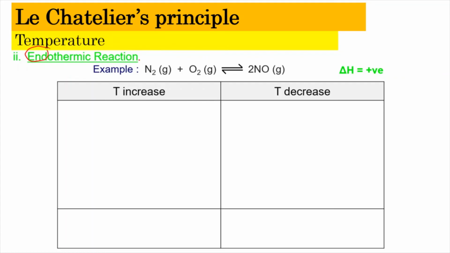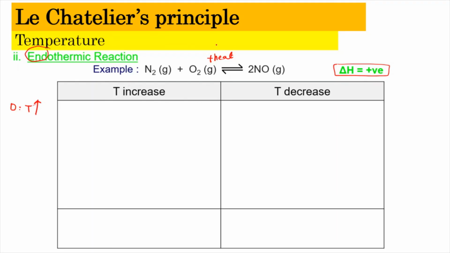So an endothermic reaction means the forward reaction has a positive value. Okay, and it means that the heat is being absorbed and heat is on the reactant side. So if you have the situation here, which is your disturbance, the temperature is being increased.